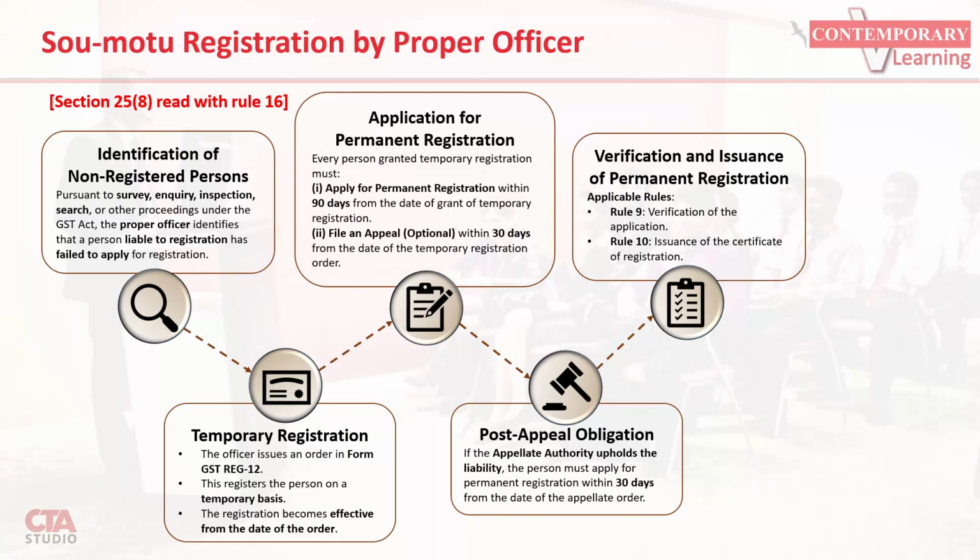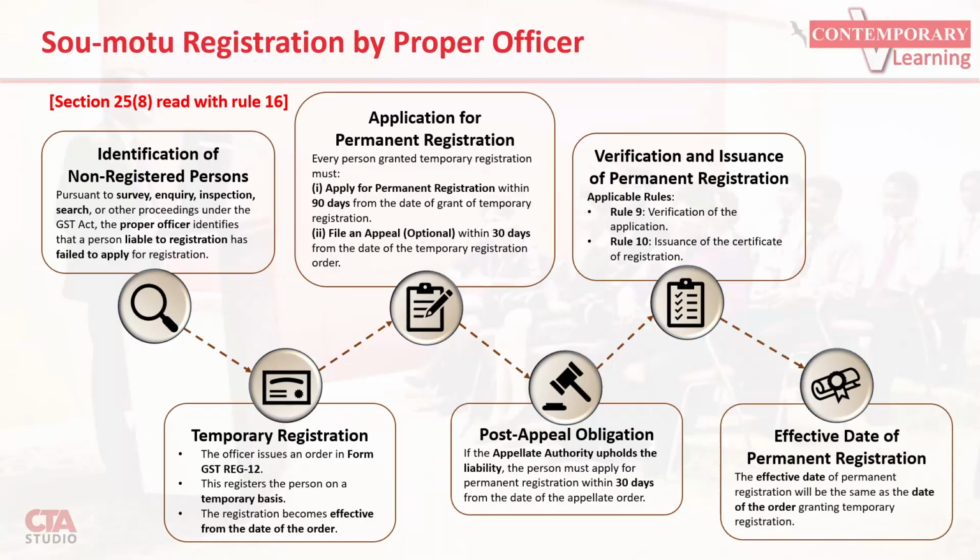If the person applies for permanent registration, the normal verification rules apply: Rule 9 for verification of the application and Rule 10 for issuance of the certificate of registration. Effective date of permanent registration. The effective date of permanent registration will be the same as the date of the order granting temporary registration, ensuring continuity.